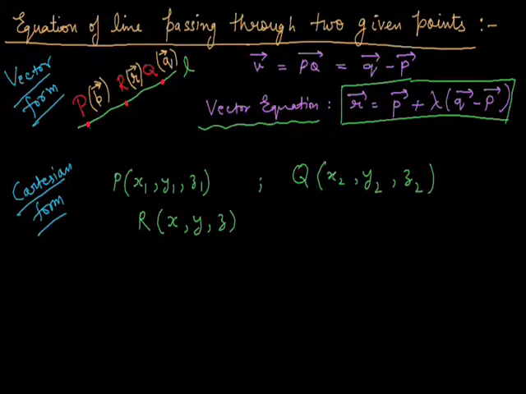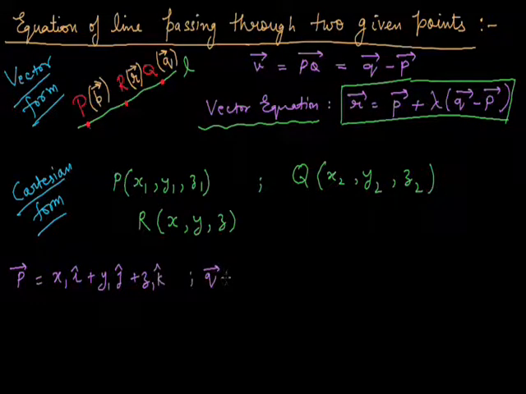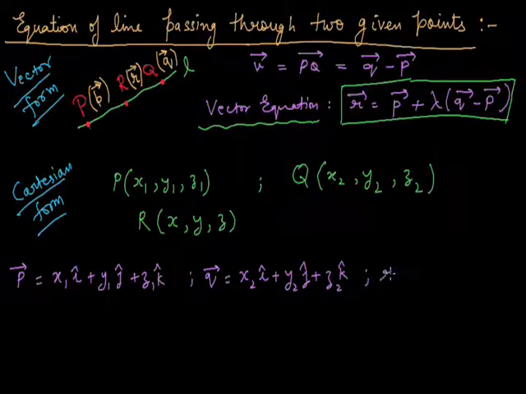So P vector will become x1 i cap plus y1 j cap plus z1 k cap. Q vector will be equivalent to x2 i cap plus y2 j cap plus z2 k cap, and R vector will be equal to x i cap plus y j cap plus z k cap.